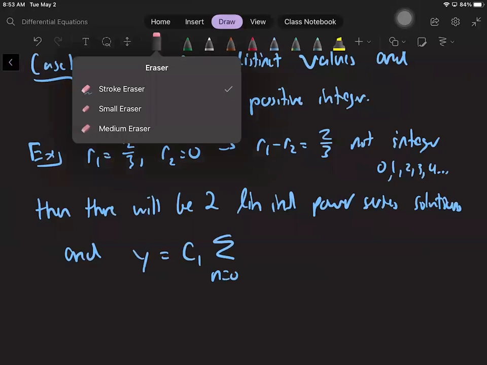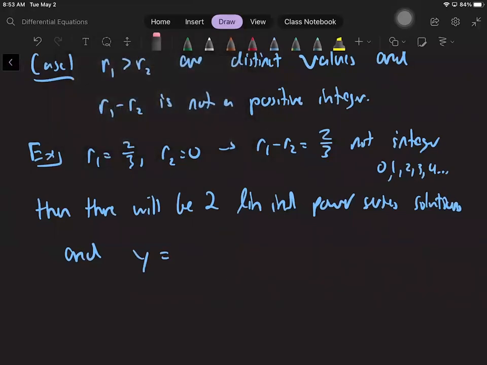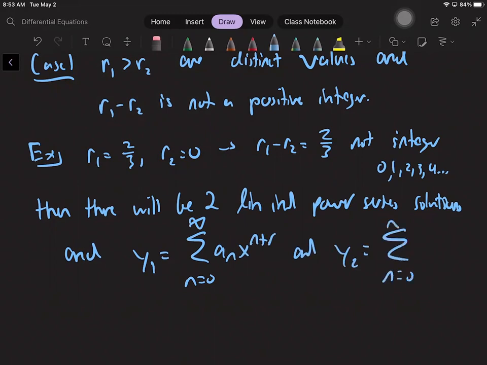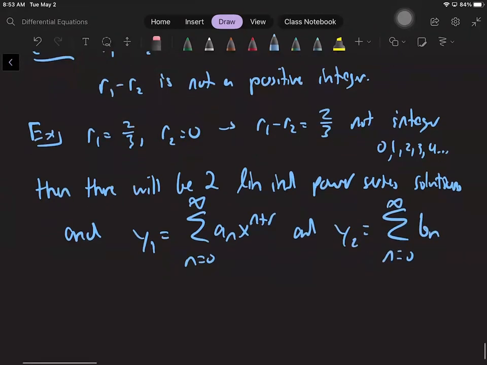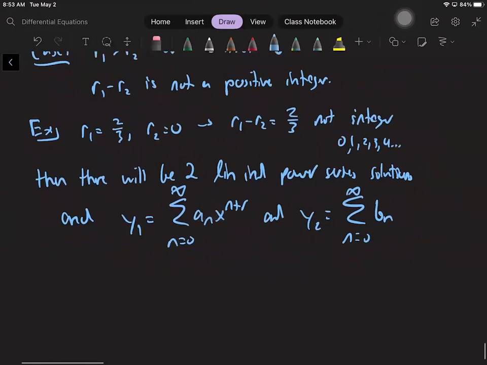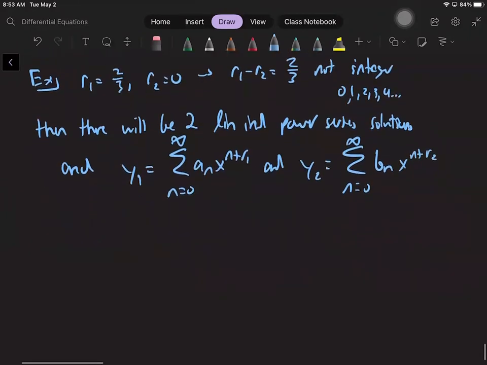Let me write it like this instead, sorry. So it'll be something like this. There'll be distinct power series, so you'll have different coefficients. The a_n's and b_n's will be different patterns, and the two r's will be different. So you'll get your two solutions, and your general solution will just be what we've been doing.